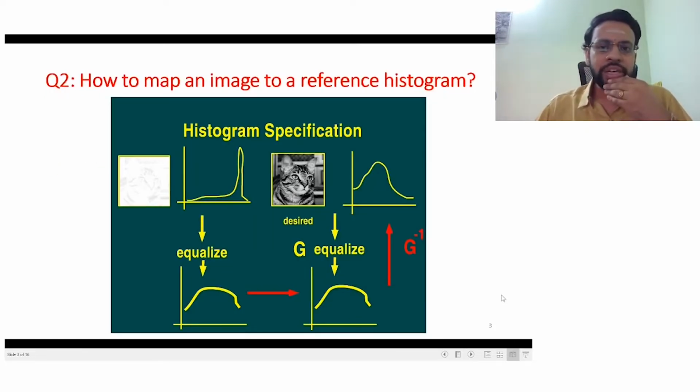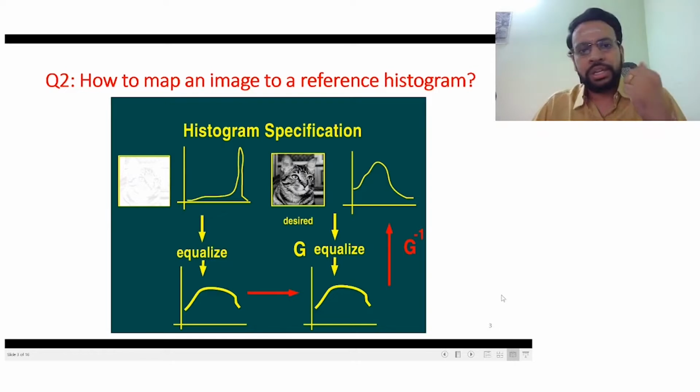The second question that has been posed is, let's say instead of an equalized histogram, our objective is to map the histogram of the current image to a reference histogram that we know because of our prior knowledge about that particular image. How can we achieve that? Find the histogram equalization for this given image. You get one transformation here. For the target histogram also apply histogram equalization. With the transformation you get another histogram here.